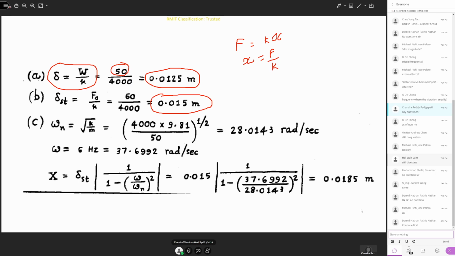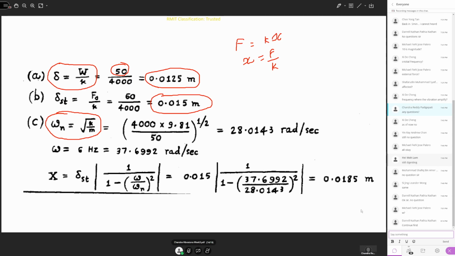Then the natural frequency you can calculate as the square root of K over M. Here you can replace K with mg over x, which is K into g over weight.